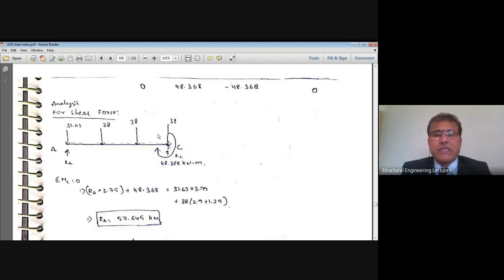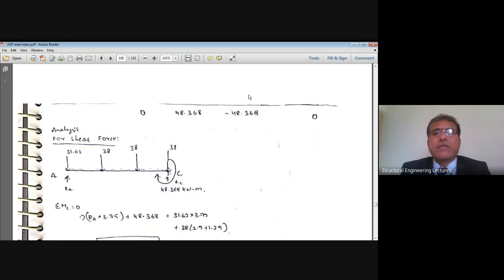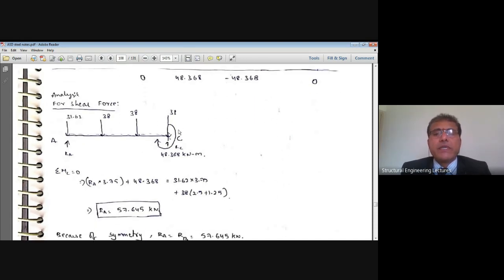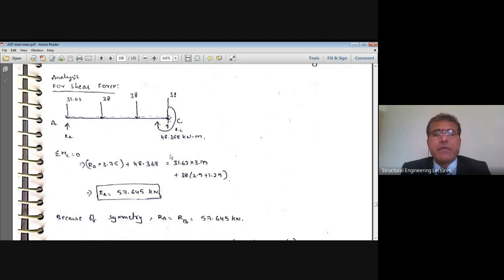Therefore, the resistance is in the anti-clockwise direction. The action is anti-clockwise, and the resistance is clockwise, 48.368. Just now we have calculated it like this, right? That is how we get the fixed end moment at C in member CA.